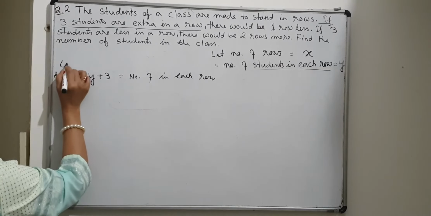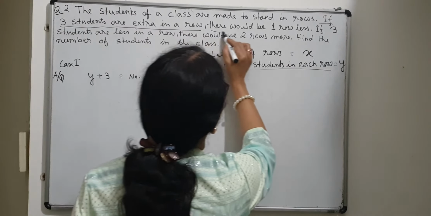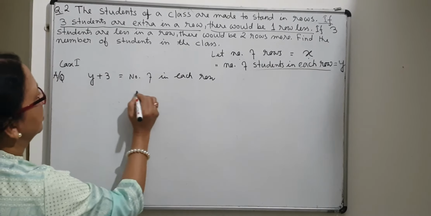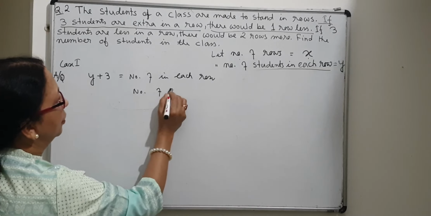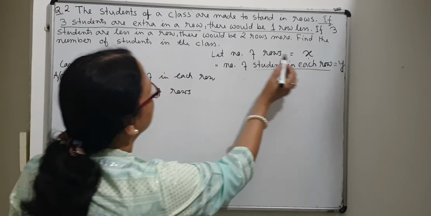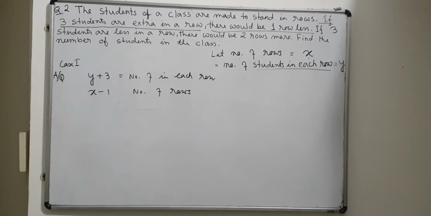So let me write case 1. Then what would happen? Then there would be one row less. The number of rows was x initially, so one row less is x minus 1.